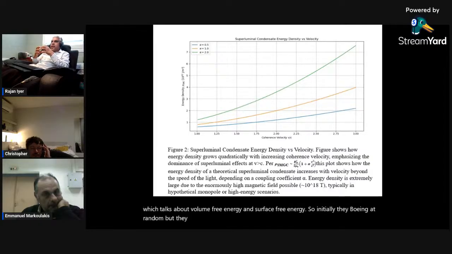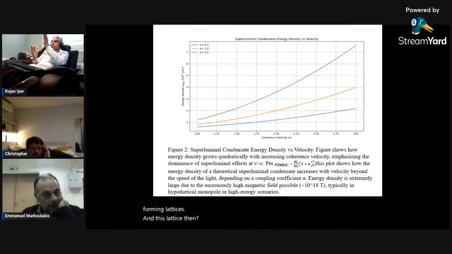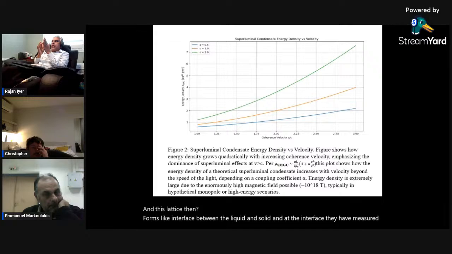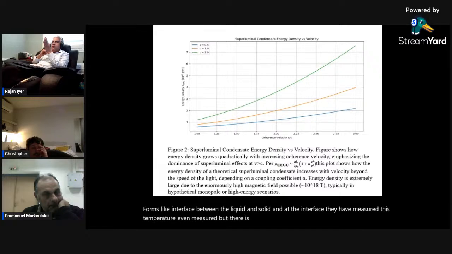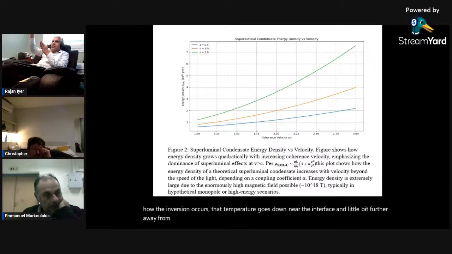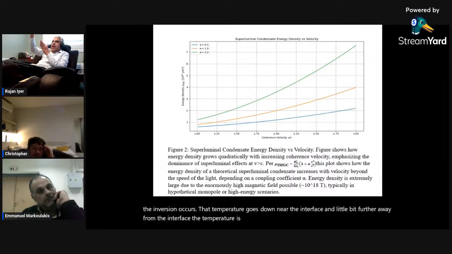When they come together within a certain distance, atoms start forming lattices, and this lattice forms an interface between the liquid and solid. At the interface, they have measured the temperature, and there is a nice, complete theory about how the inversion occurs. The temperature goes down near the interface, and a little bit further away from the interface, the temperature is higher than the liquid temperature, the average temperature.